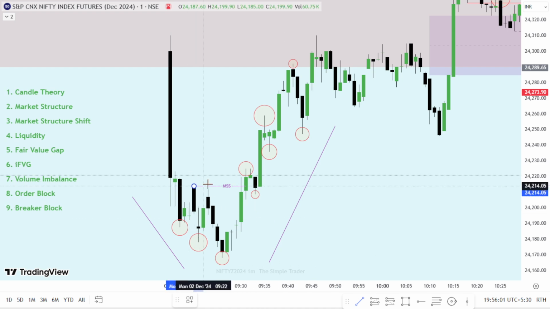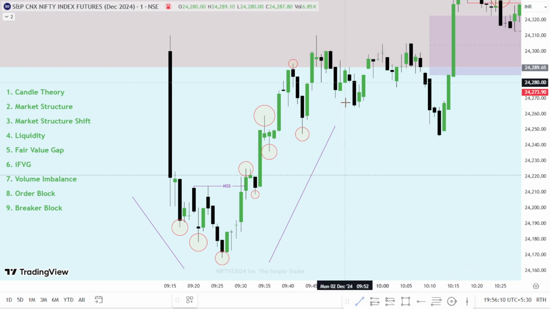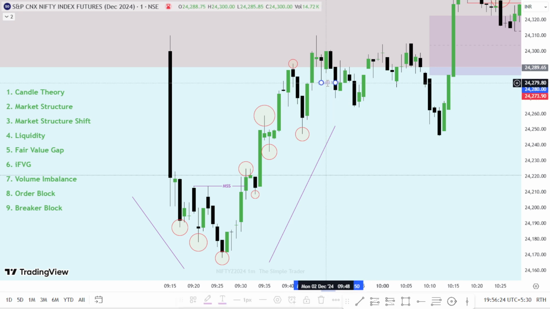This was a liquidity as well as this liquidity. So price went up to hunt this liquidity. Below also, while going up, this is a liquidity, price came to hunt it. This is another liquidity. This is another liquidity. So price comes and hunts these swing lows and swing highs.